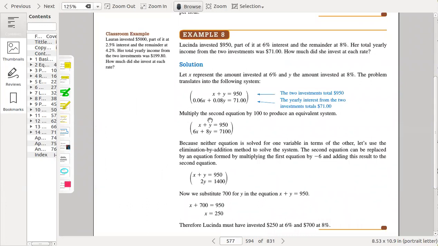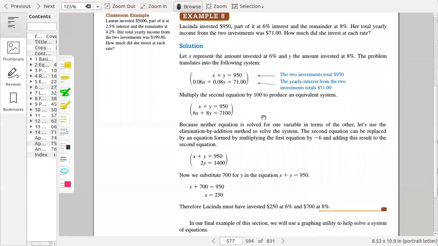So we can just multiply the second equation by 100 to eliminate these decimals. So we will have 6x plus 8y is equal to 7100. Here we have a choice: if you multiply the first equation by minus 6 and then add, the x will be eliminated and you will have the value of y.